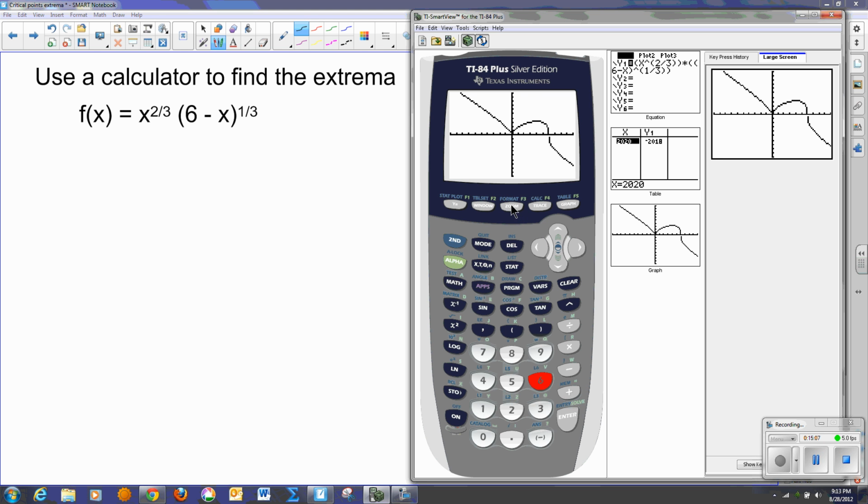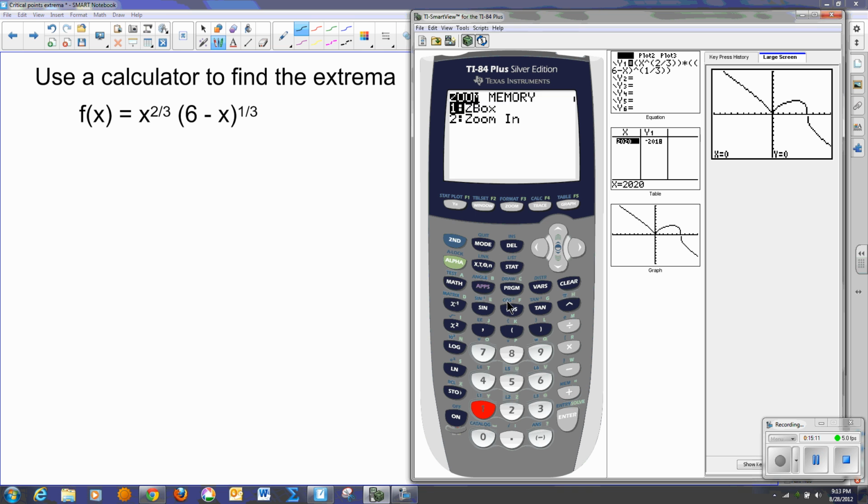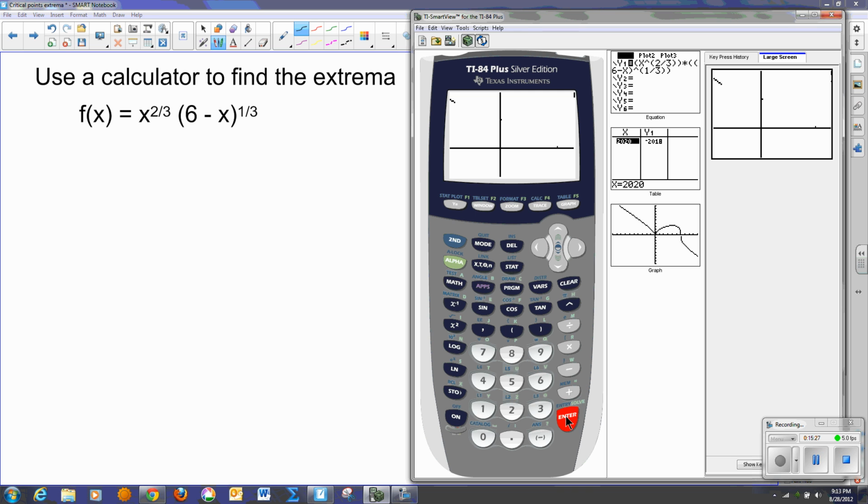If I box zoom this, and I want to look at just this little piece here, and I blow that up, I see my graph comes down. It actually goes to a point.